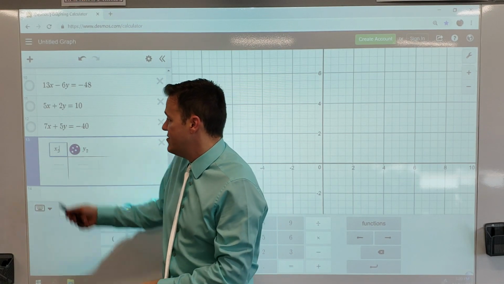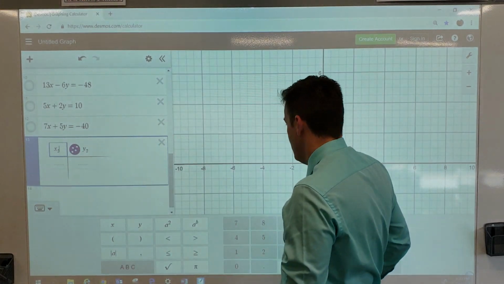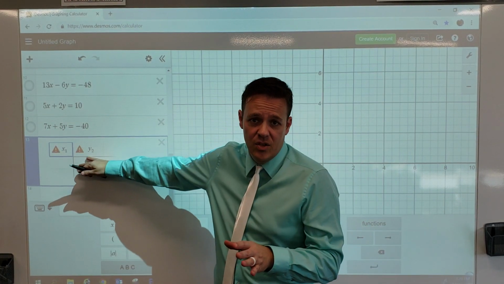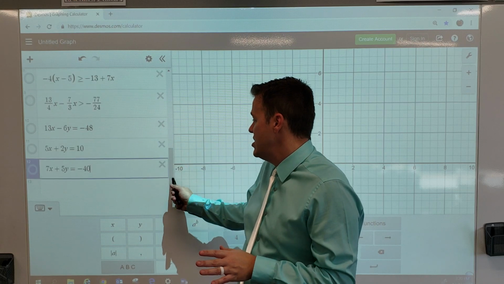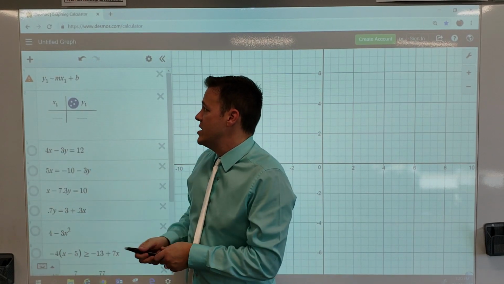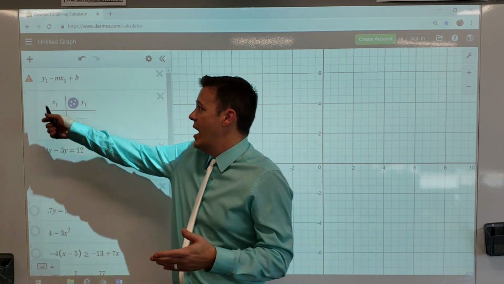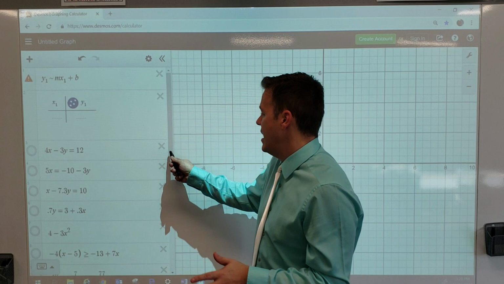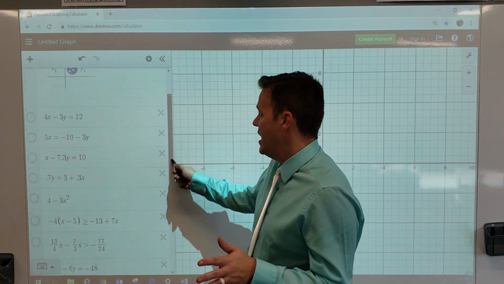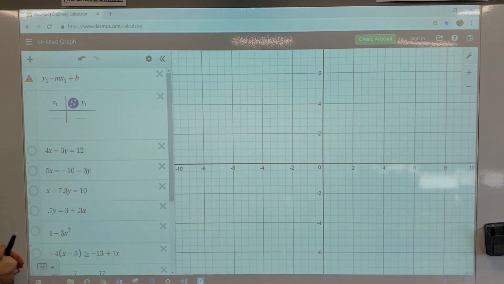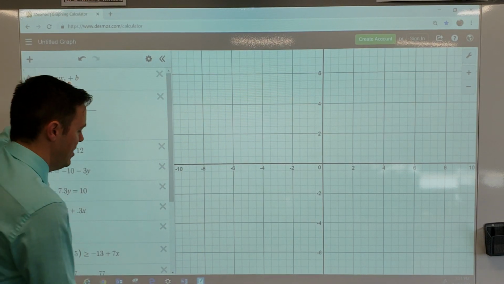You need to change this value, or x2, to a 1, just like this, okay? And when you get done changing it, it should look like this. It'll be turned off. You have a little symbol there, but don't worry about any of that stuff, okay? It's going to work. Just trust me on it, and we go from there. If you have any questions, come ask me in class, but please make sure you have this memorized.